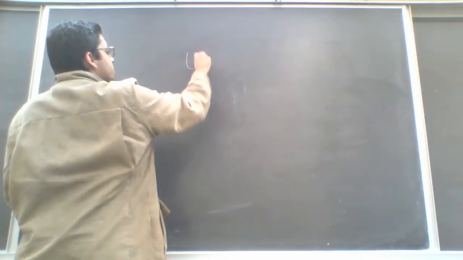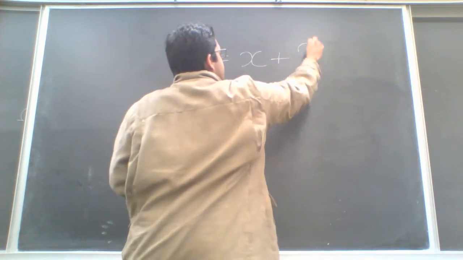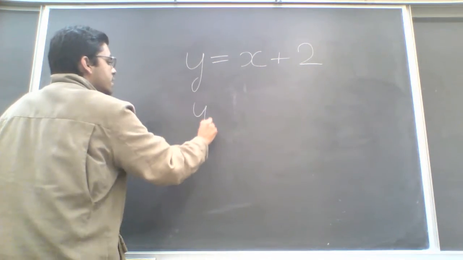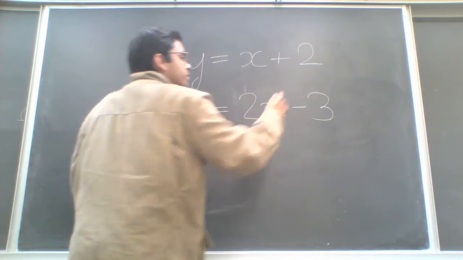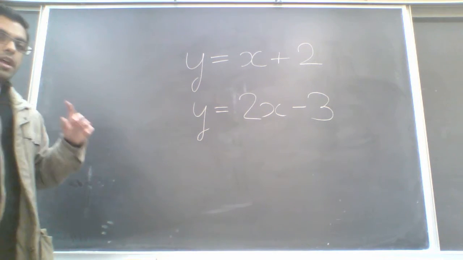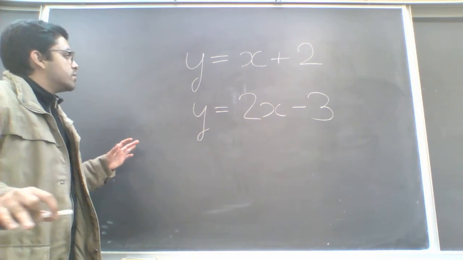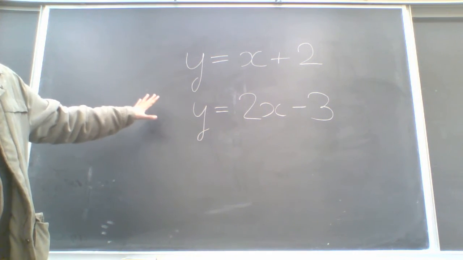For example, what we've done before is we've graphed things like y equals x plus 2 and y equals 2x minus 3. You don't have to write those down. Hopefully you can see those though. But we've graphed functions that looked like this.